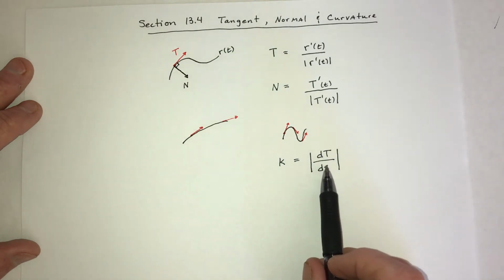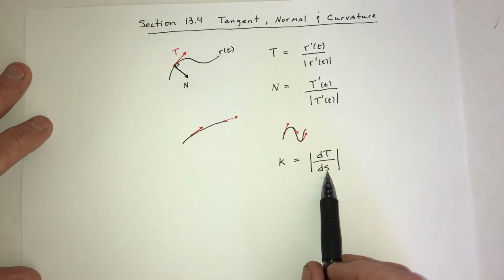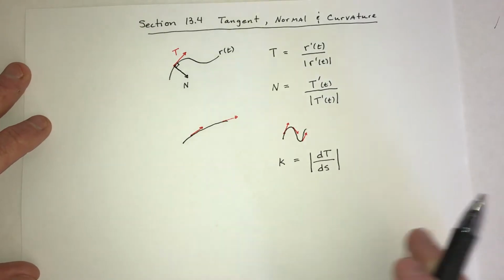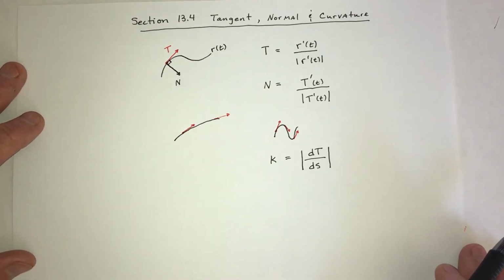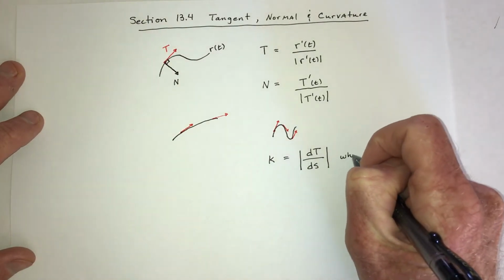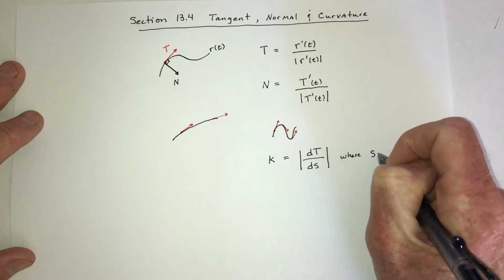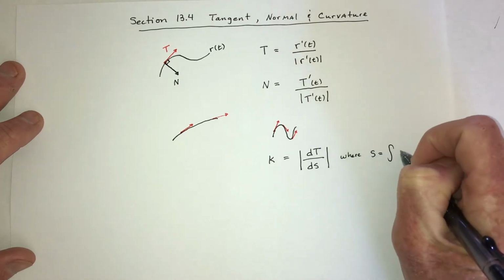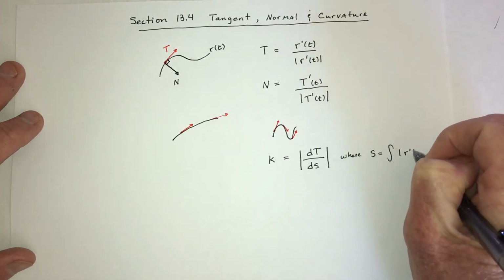Now we don't even have the variable s necessarily. So in theory, it's a good idea, but for actually finding out what's the curvature, we need something else. Well, remember that s is the arc length. So s is equal to the integral of the first derivative.